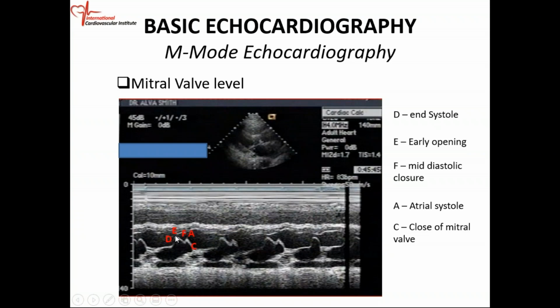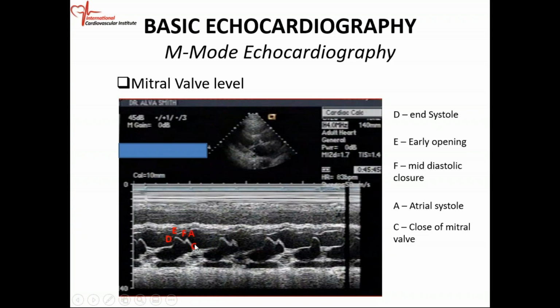Your E point is early opening. This is when the mitral valve opens very early. And then when the mitral valve opens, because of the pressure difference, you get what we call a mid-diastolic closure. Then at the end of diastole, as you remember, the atrium contracts and you get your so-called atrial systole.